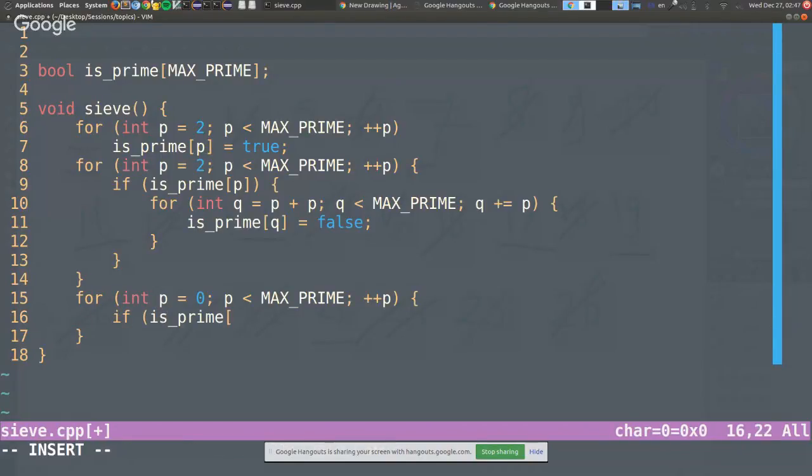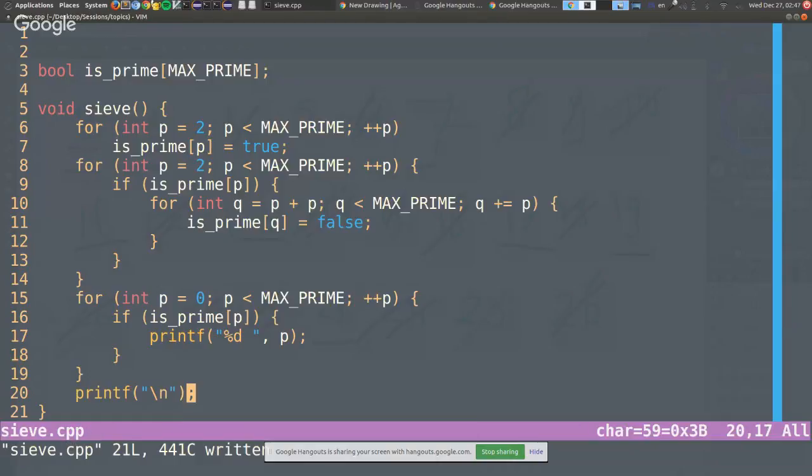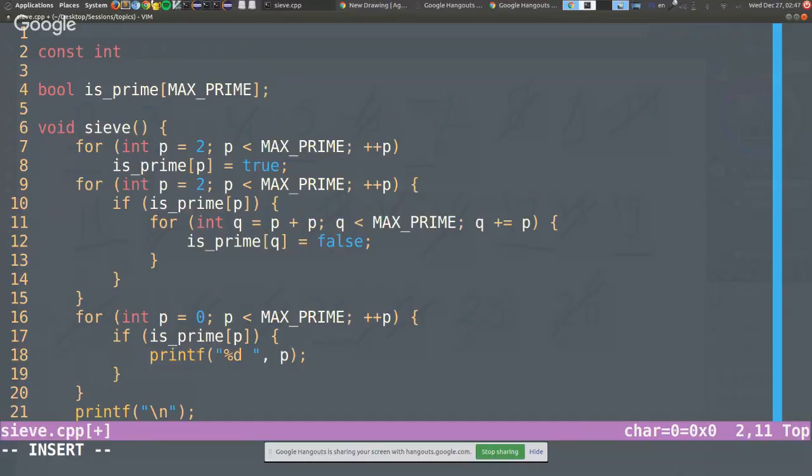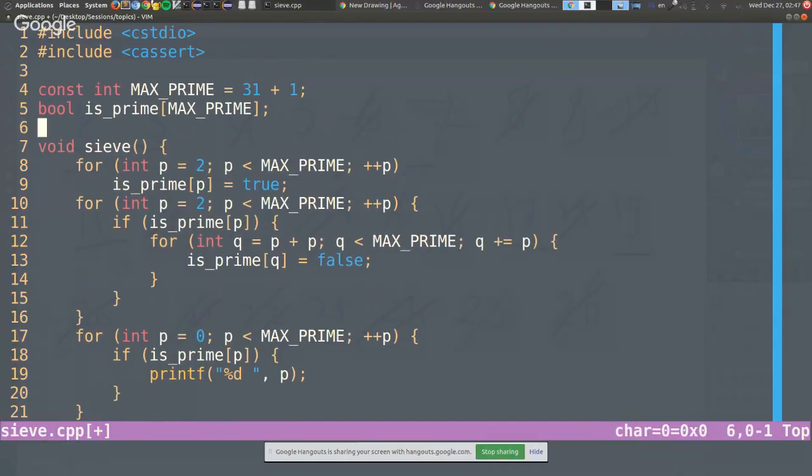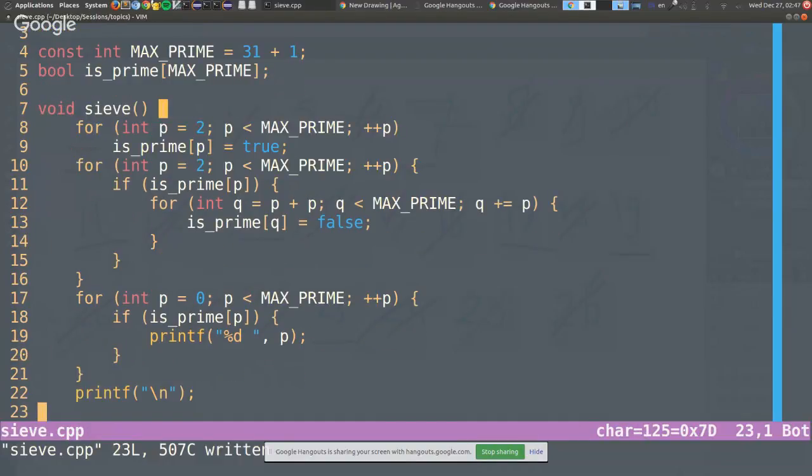And check if the number is prime. So this is the code that makes the sieve.